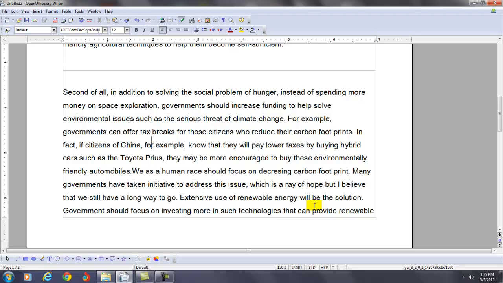In fact, if citizens of China, for example, know that they will pay lower taxes after buying hybrid cars such as a Toyota Prius, they may be more encouraged to buy these environmentally friendly automobiles.